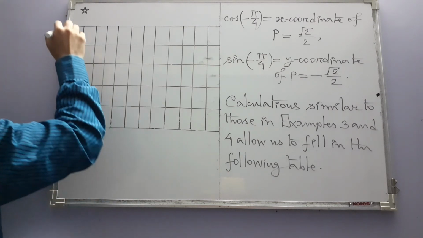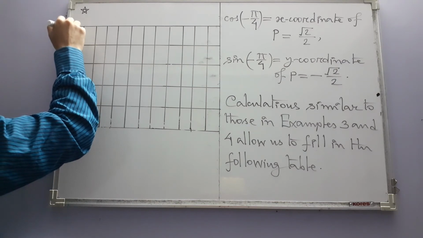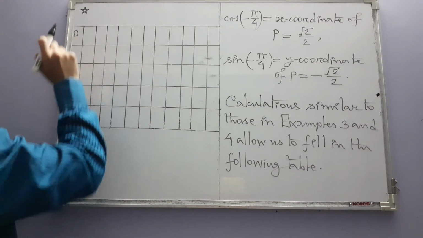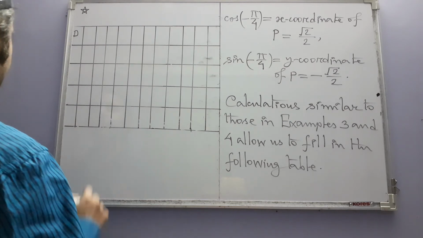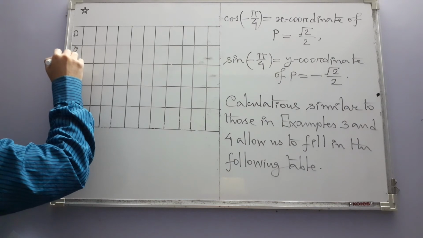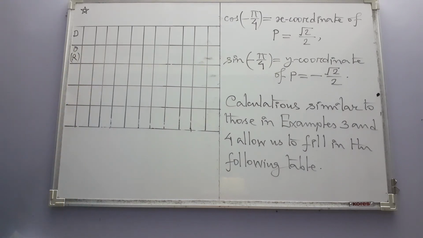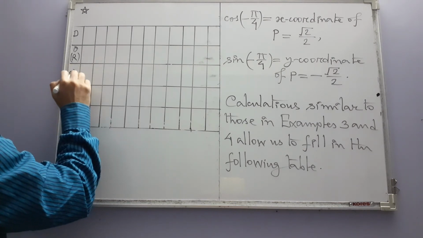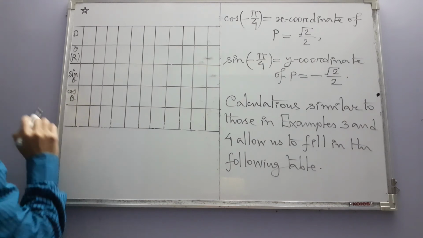Here I don't even have space for writing. Here we have degrees, which I am just simply denoting by D. Okay, you have to understand. If you look in the text, you will see that you have degrees, and theta is in radians. So for that I am just simply writing R. And here you have sine theta values. Here you have cos theta values.